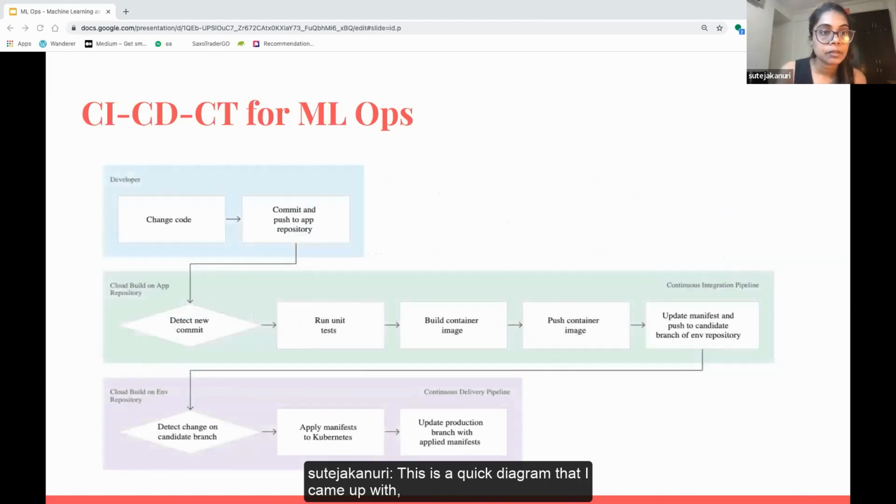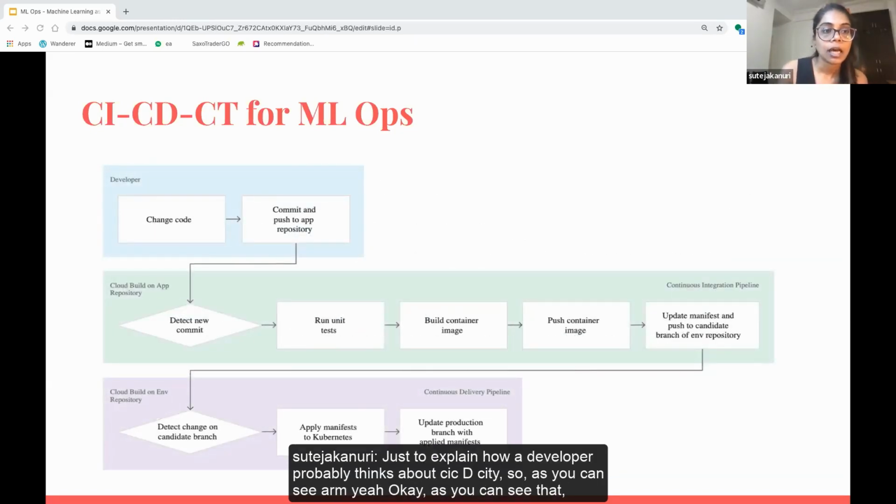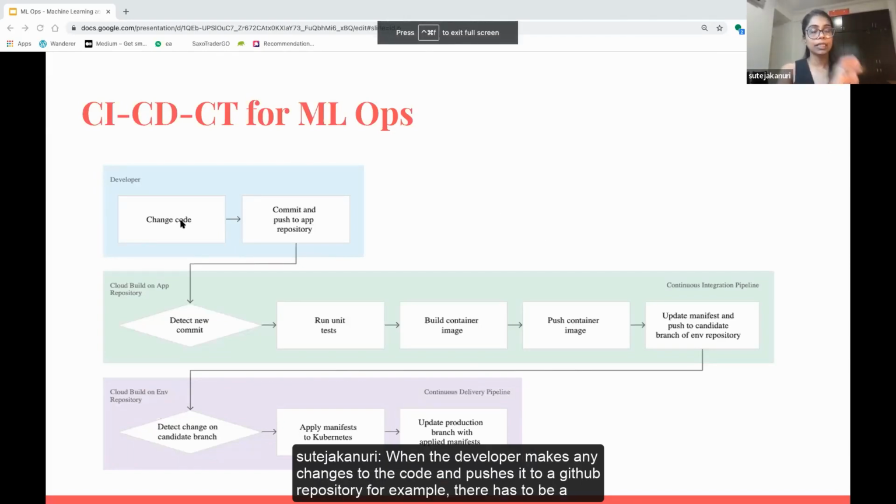This is a quick diagram that I came up with just to explain how a developer probably thinks about CI and CD. As you can see, when the developer makes any changes to the code and pushes it to a GitHub repository, for example, there has to be a framework or a tool which needs to detect that a new commit has been done.